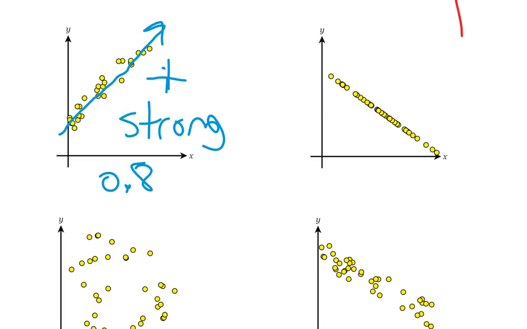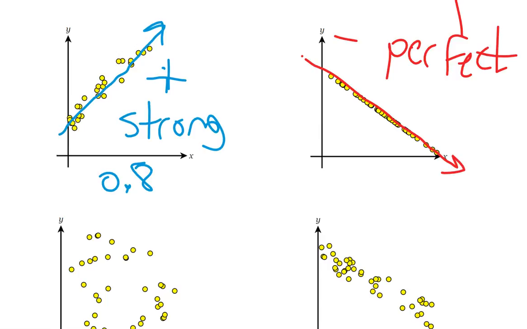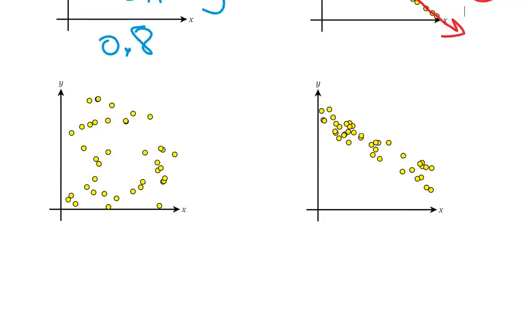This example would be an example of a negative perfect correlation, since those will create a perfect line. A perfect negative would be negative 1.0. Perfect positive would be positive 1.0. If I look at this one here, I really can't draw a trend line anywhere that looks like it would represent this data.